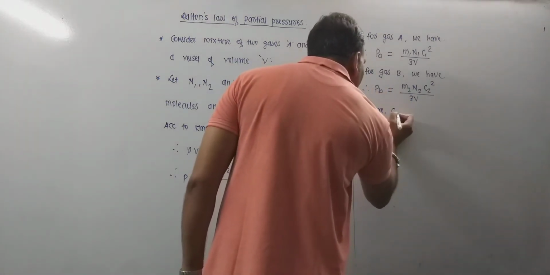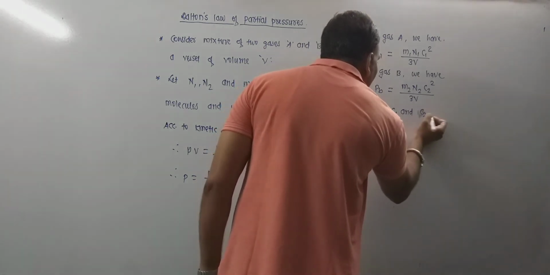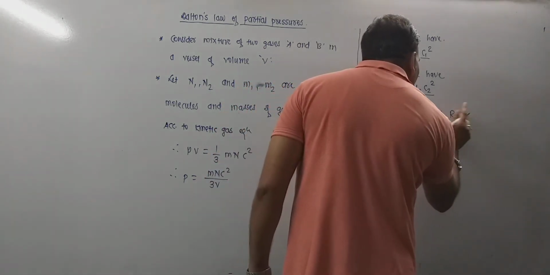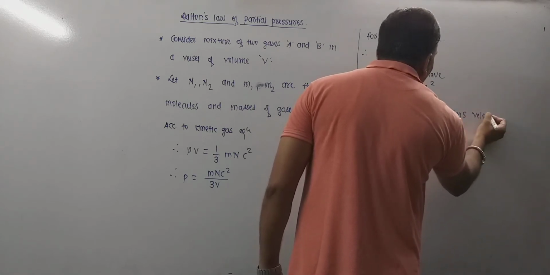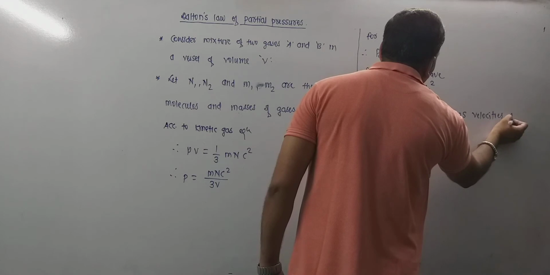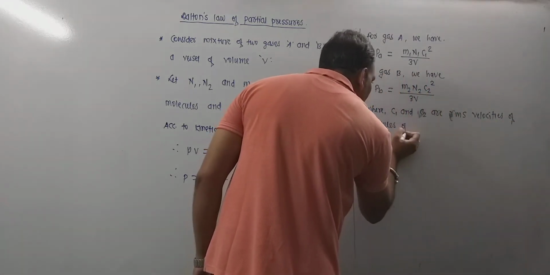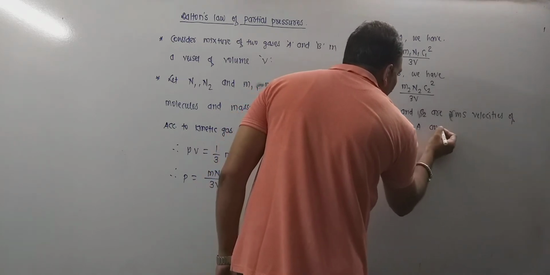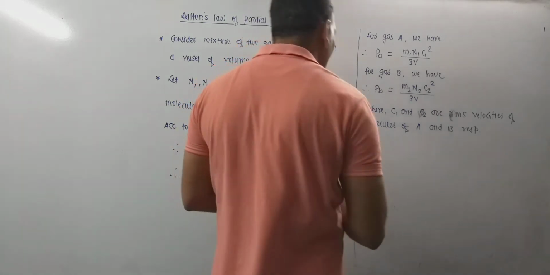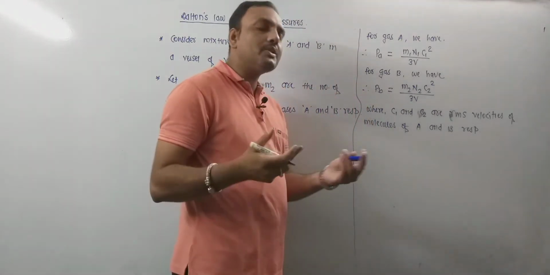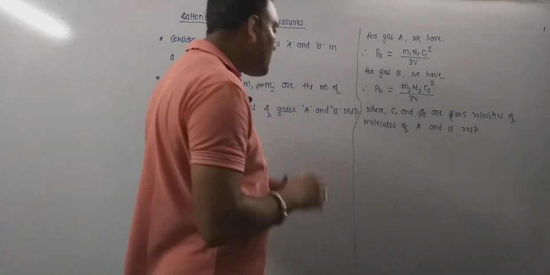Now remember, where C1 and C2 are the root mean square velocities of molecules of A and B respectively. That is to be known. Now these two gases are present in the same vessel and that too at the same time.